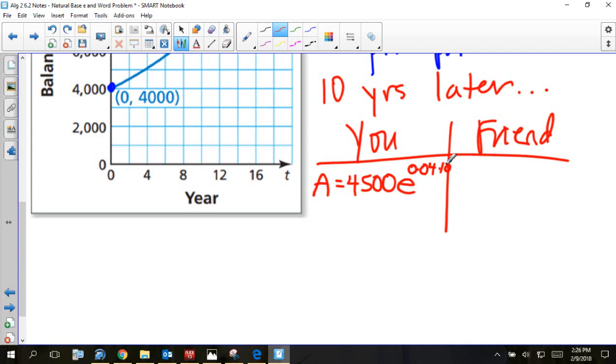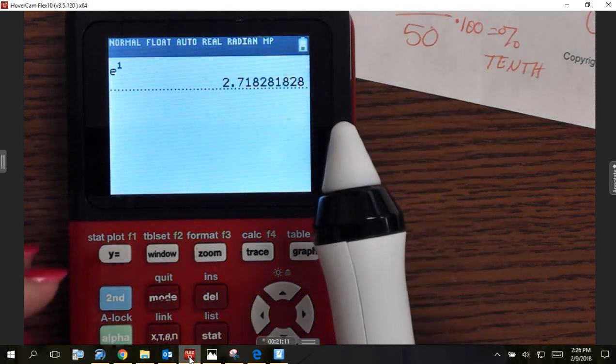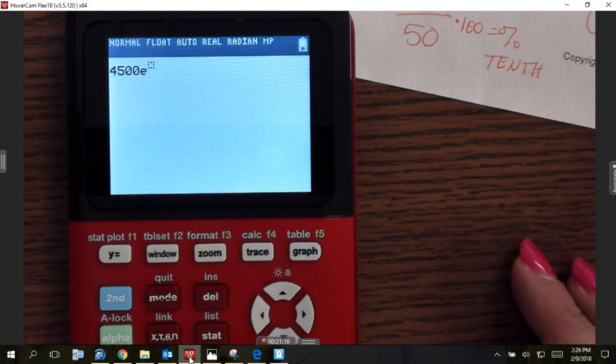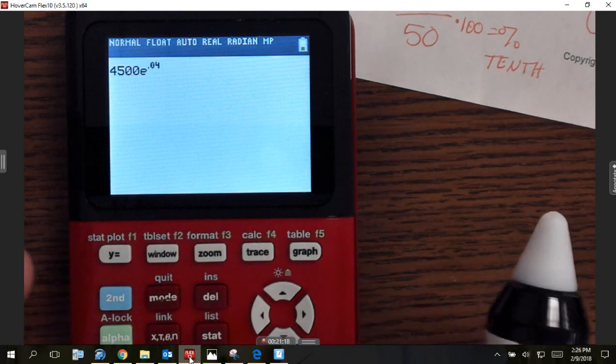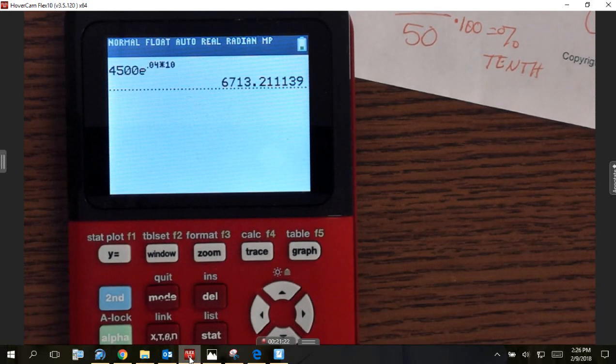On your calculator, you do not need the graph to find this answer. You can just use the calculation screen. 4,500, and then do that e to the x, and then 0.04 multiplied by 10. So $6,713.21 would be your balance after 10 years.